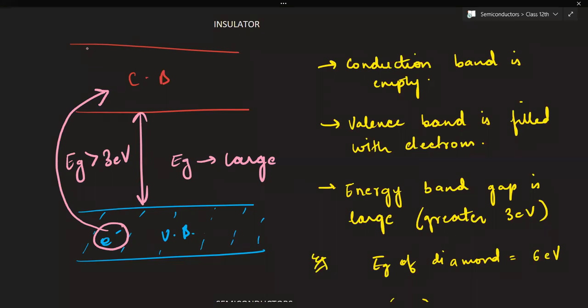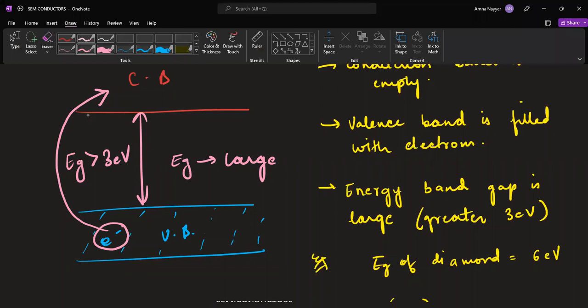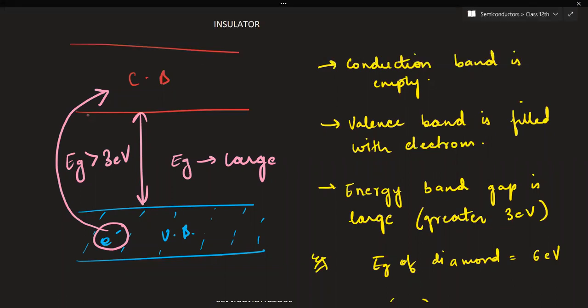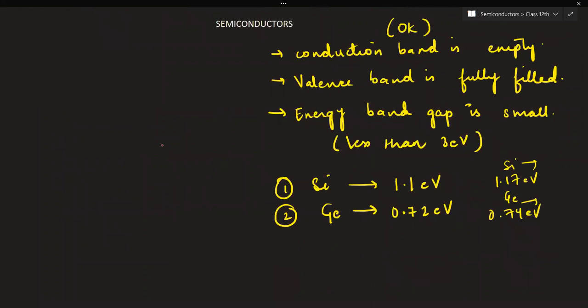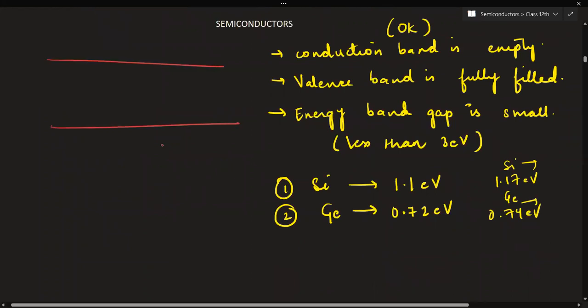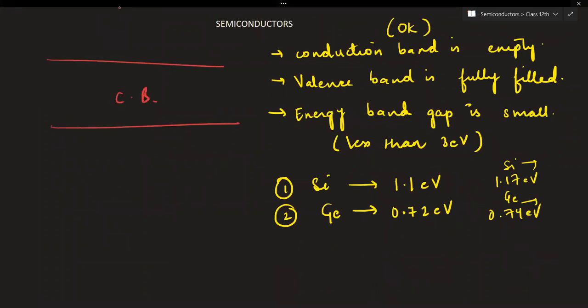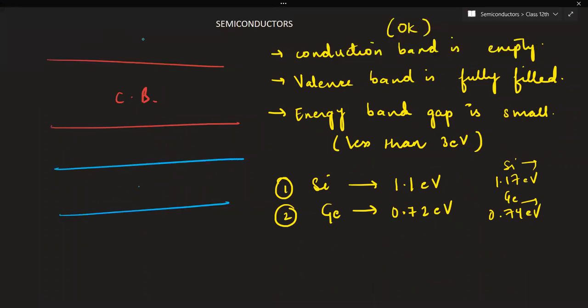an insulator. Now you can differentiate that the conduction band was partly filled in the case of conductors, and it is empty in the case of insulators. But how will you differentiate semiconductors? For semiconductors, the conduction band is still empty and the valence band has fully filled electrons.